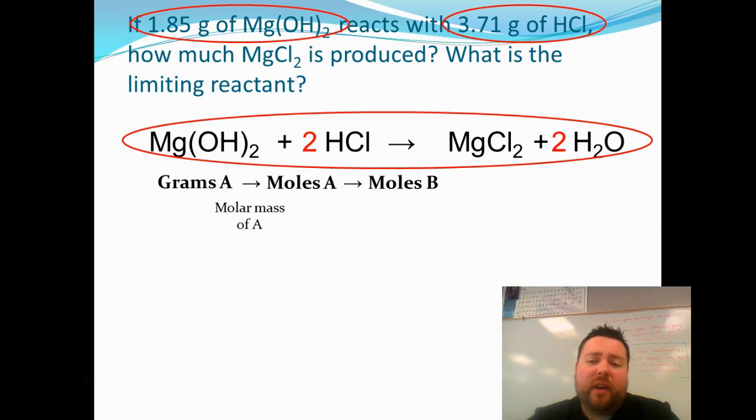That's why we have our handy-dandy balanced equation, because from that balanced equation, we can take the mole ratio and determine the relationship between these two compounds. That gives us moles of our second substance, which we're going to call B. Even though moles are a very useful tool, we generally want to do this in grams so that we can determine how much we have.